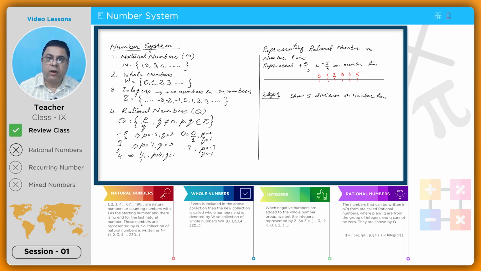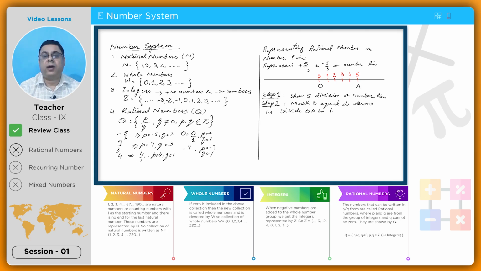In the second part, we divide these 5 units into 3 equal parts, 3 parts because the denominator part is equal to 3. So these 5 units that we represented on the right side of 0, starting from 0 up to 5, are divided into 3 equal parts, and every part is equal to 5 by 3 in that case.